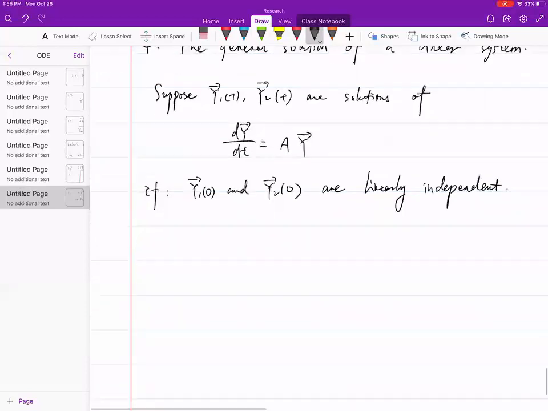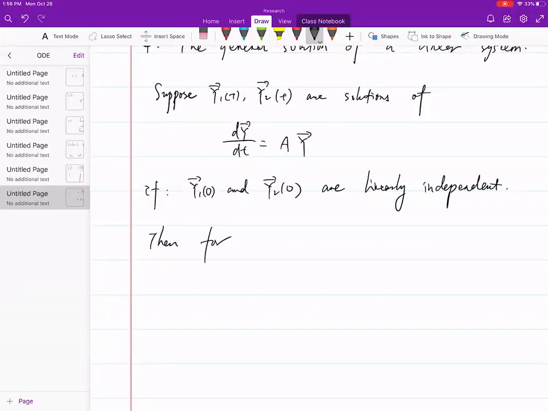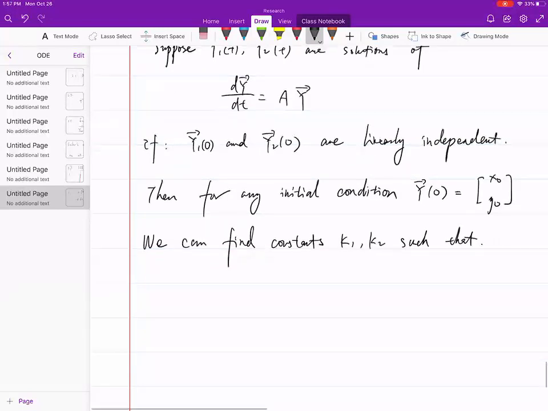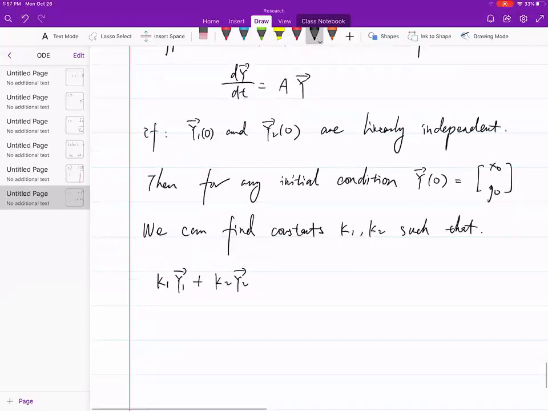then for any initial condition y(0) equals (x0, y0), we can find constants k1 and k2 such that k1 y1 plus k2 y2 is the solution to the initial value problem.